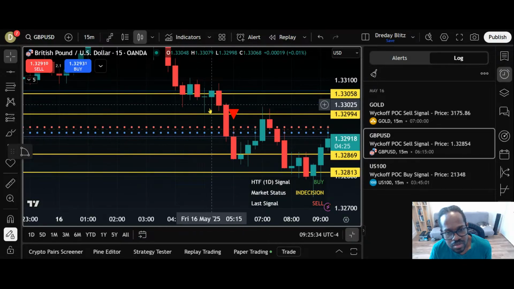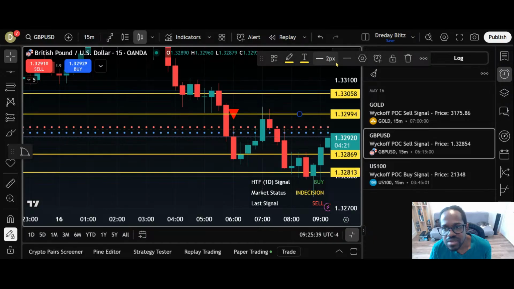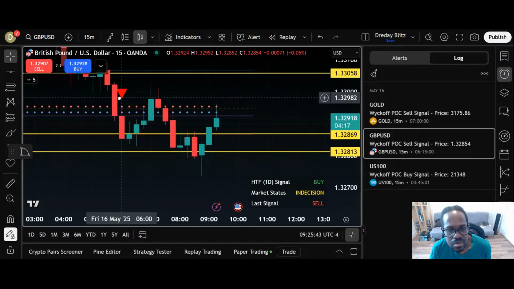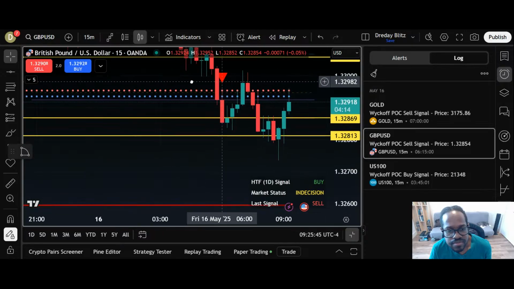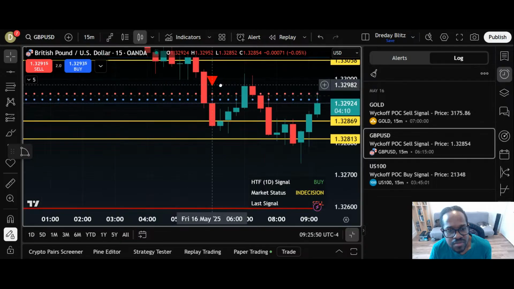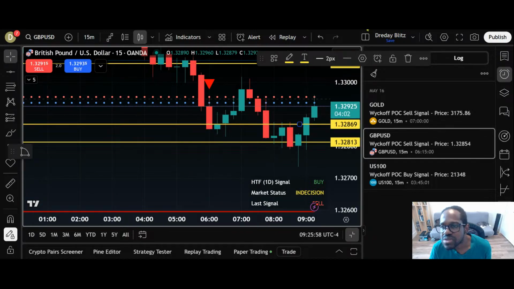Based off of that, I would have put my stop loss at the top here. So I'm going to remove this one. And for now, TP would be, so that was on the entry. So I'm going to remove this one too.